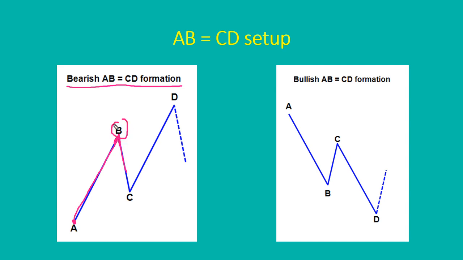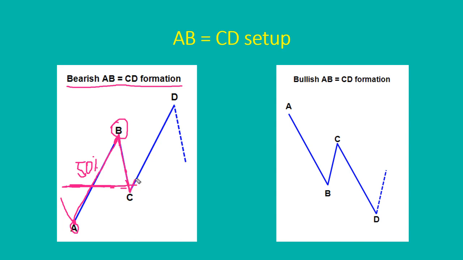This is another swing point. So now you have swing point A, swing point B, and now you look for swing point C, which is somewhere between A and B, but below the 50% mark, 50% of the distance from A to B. So the C should be below the 50% mark.